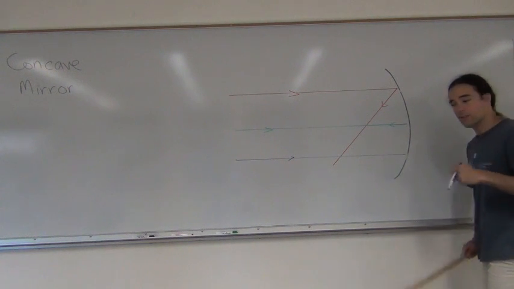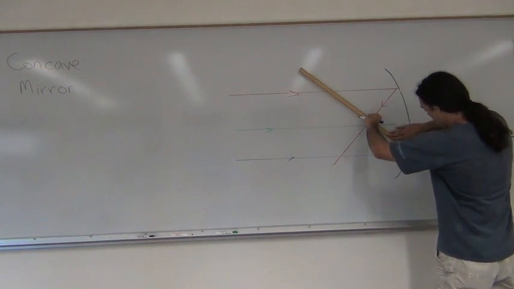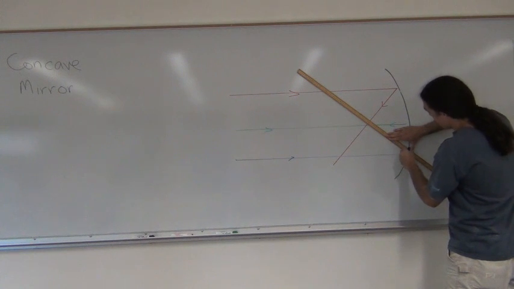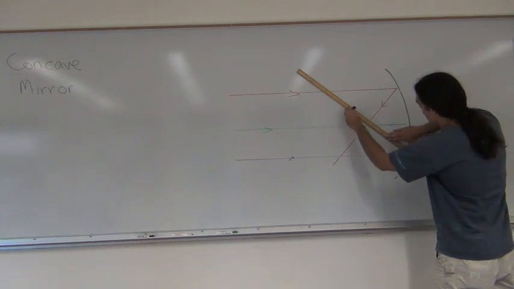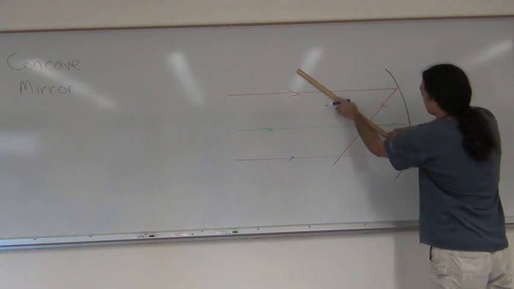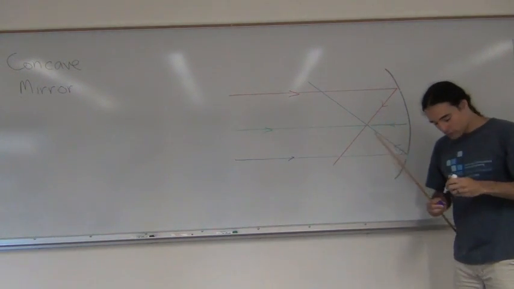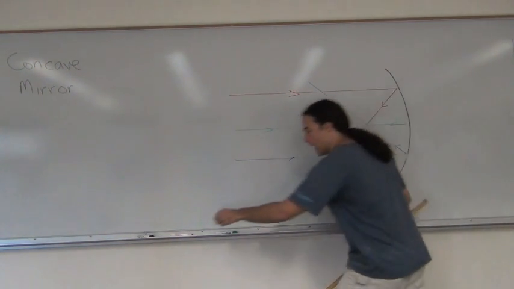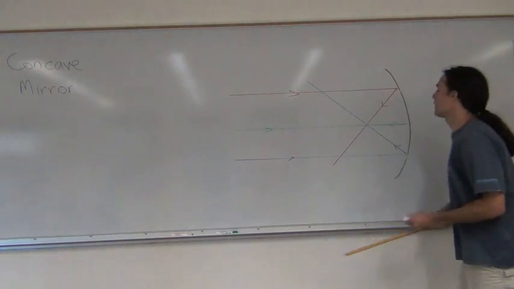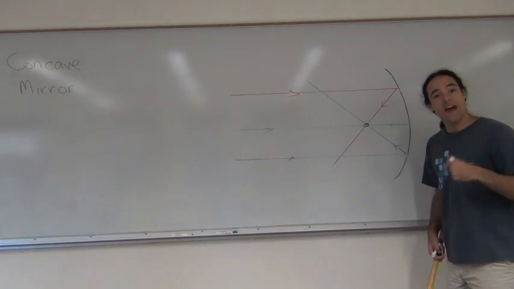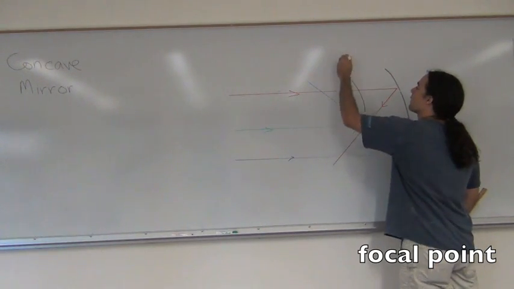I want to make my angle of incidence equal my angle of reflection. And what you will find is that for a curved mirror, all of those lines will intersect at one point. The light will be focused at this particular point, so we call that the focal point.